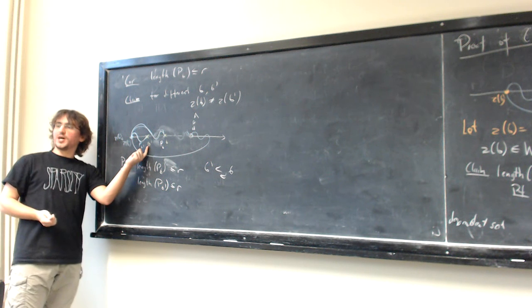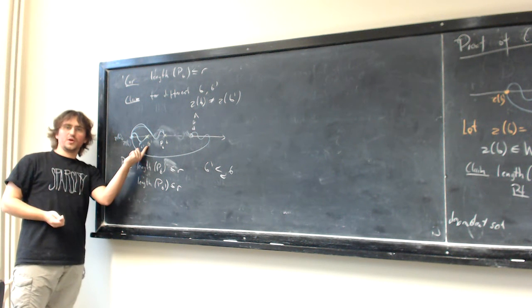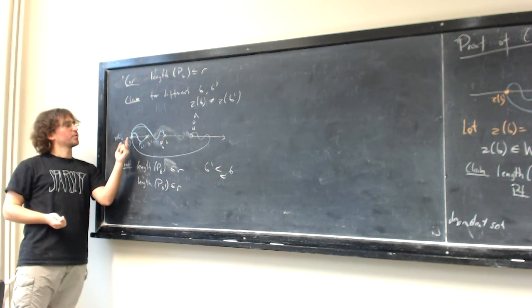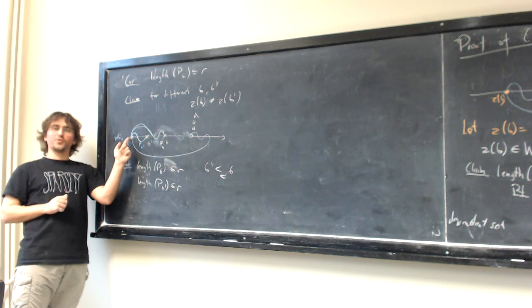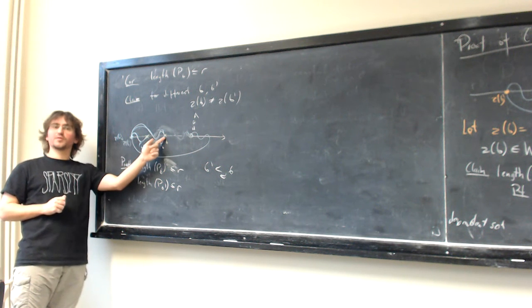When B prime was added to A, we added to D everybody that was weakly reachable from it, even at distance 2R plus 1. So in particular, we added this guy. But then B was excluded from R.